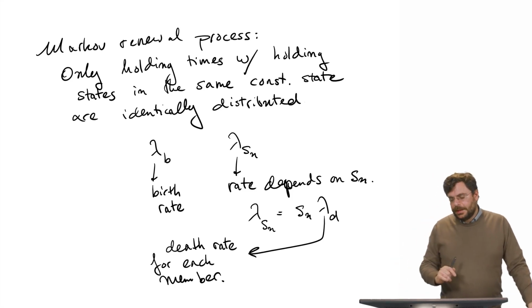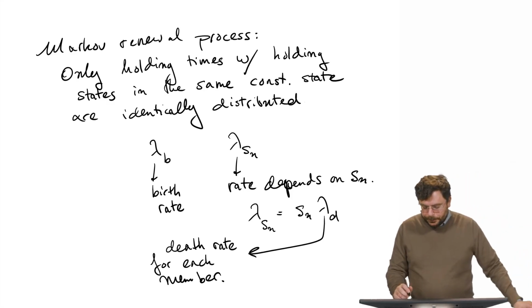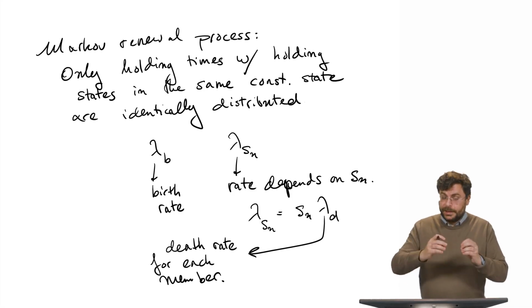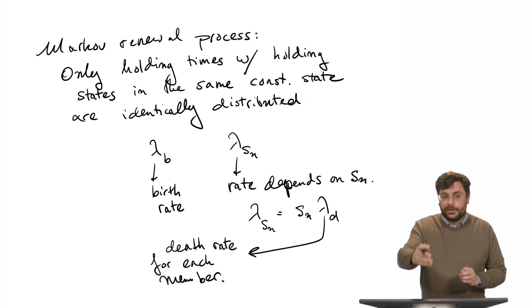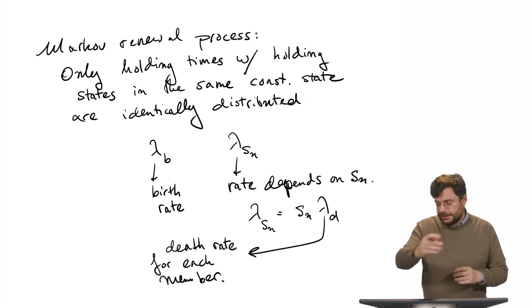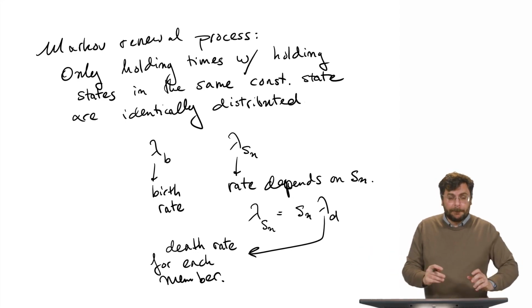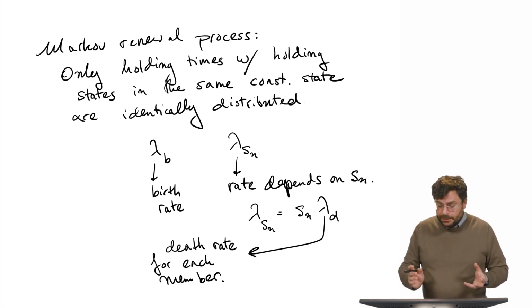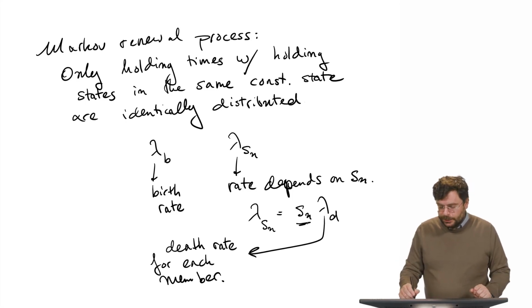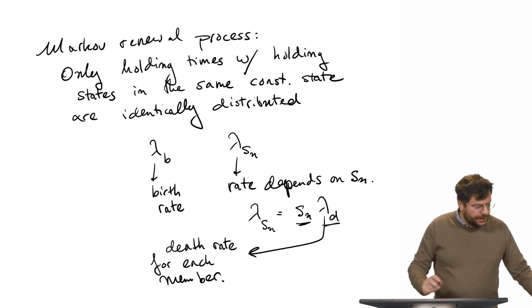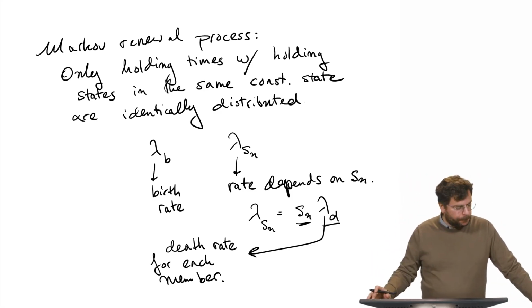Now, if you look at the appendix of the textbook, we actually derive the fact that if any individual member has some rate lambda d before undergoing a jump to another state, in this case being removed from the group, then if I consider very many members, the rate is going to be Sn times lambda d. We derive that in the appendix, and I encourage you to take a look.